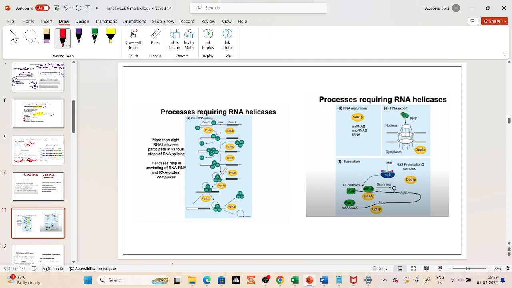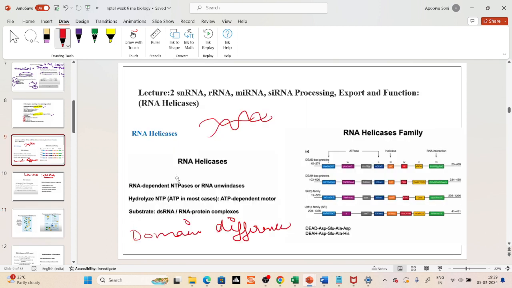Next, we see what are the various molecular biology processes where RNA helicases are required. Till now we have studied what RNA helicases are and how they function. RNA helicase requires ATP.